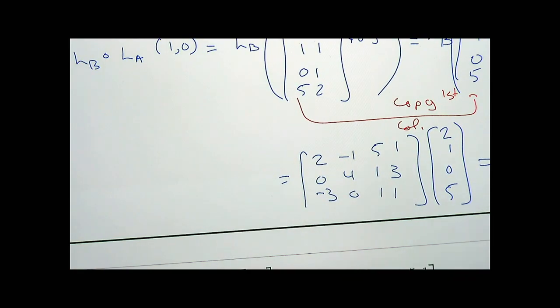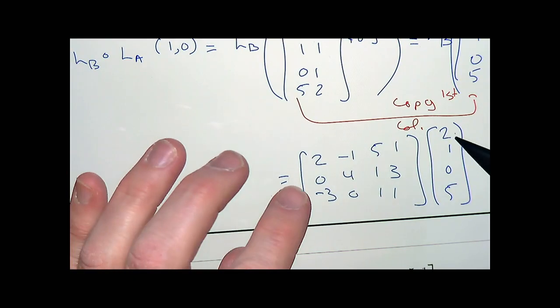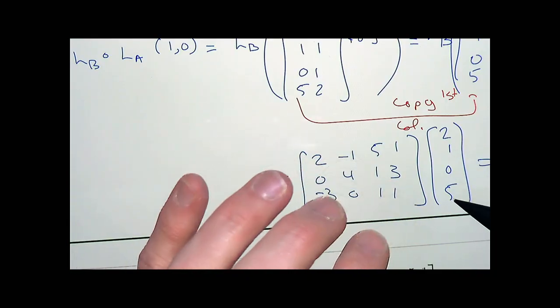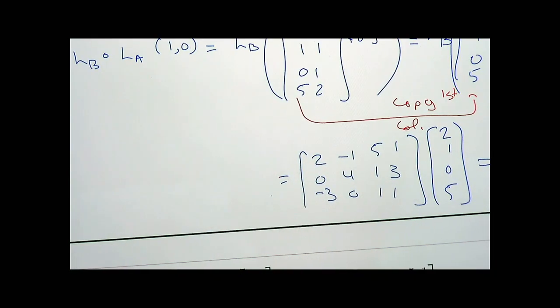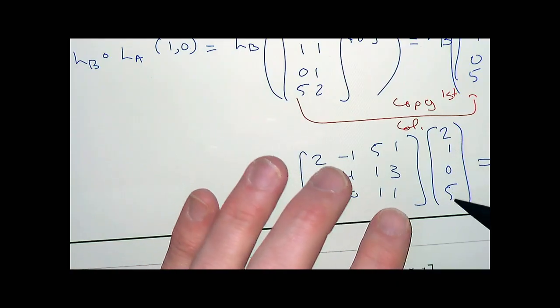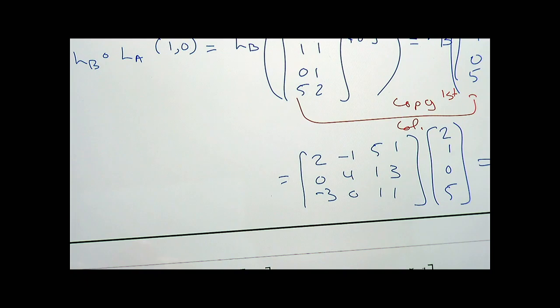It seems silly. Computers can do this better than us, obviously, but if you have a matrix on a midterm or a final exam, this is how I do it. 2 times 0, 4, plus 0, plus 15 is 19. And then the last row, -6, plus 5 is -1. That's how I do it.